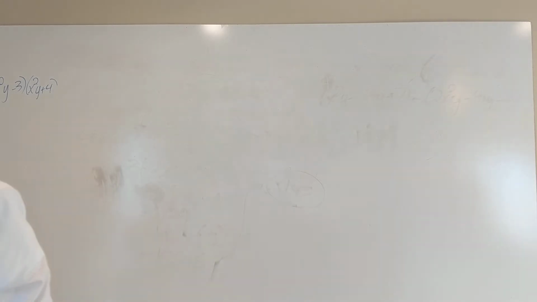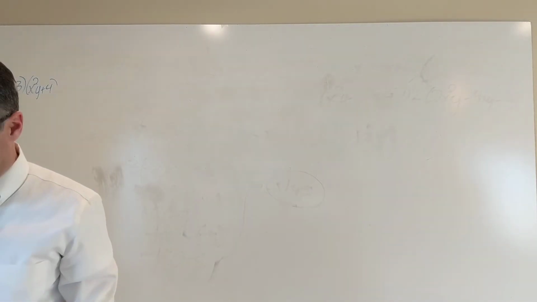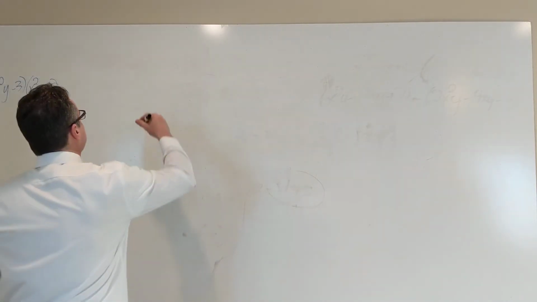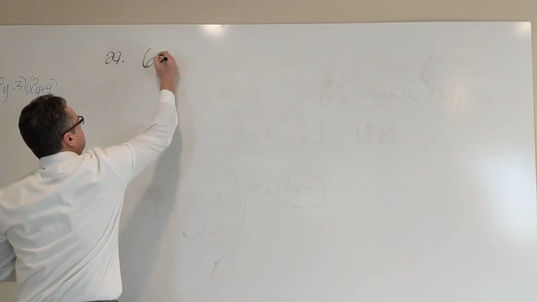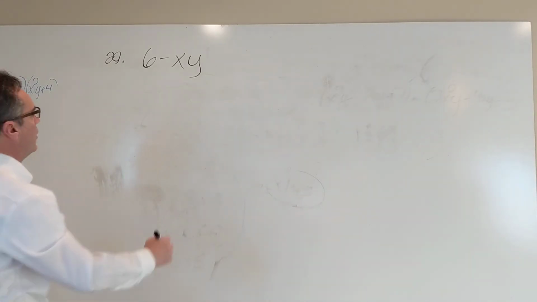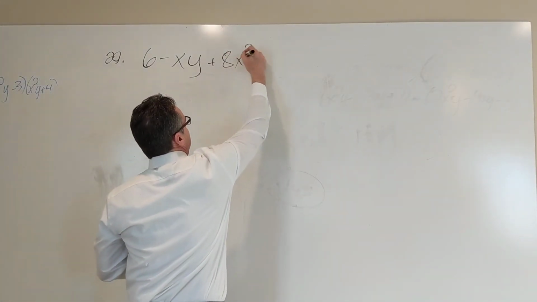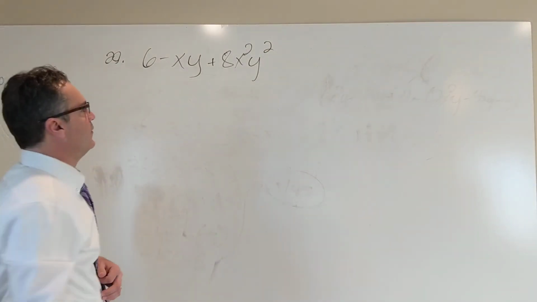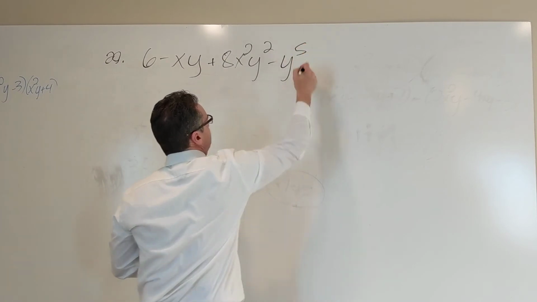Part B. Identify the coefficient and the degree of each term in the polynomial, then find the degree of the polynomial. I'm going to put a problem up on the board here. Number 20: 6 minus xy plus 8x squared y squared minus y to the 5th.